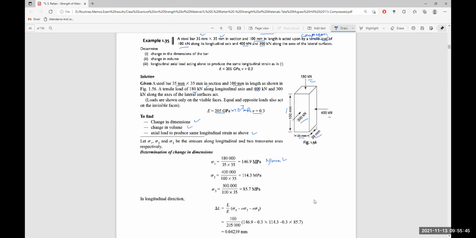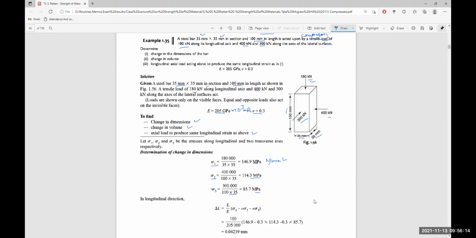And sigma 3 is the 300 kilonewton load acting over the surface with dimensions 35 by 100, giving 85.7 megapascal. So we got sigma 1, sigma 2, sigma 3.